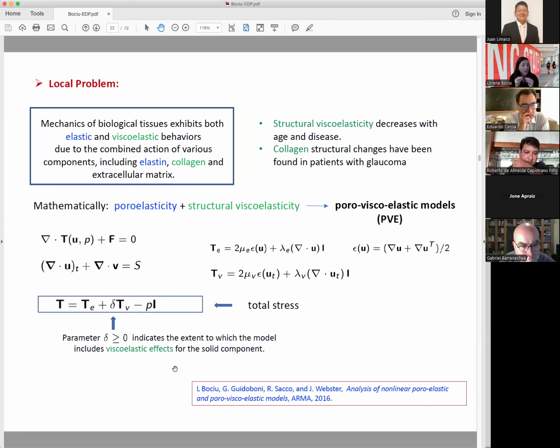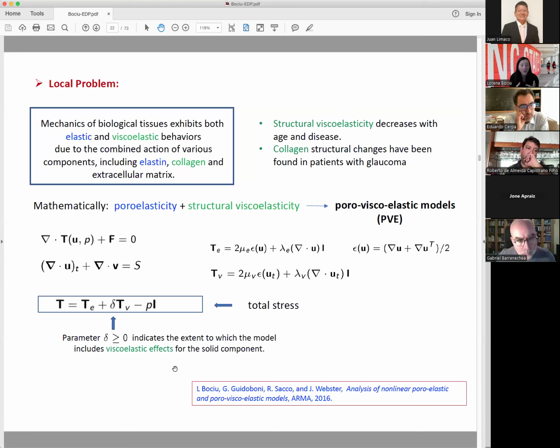lamina cribrosa, this tissue, which we can model using poroelasticity. We should also think about viscoelasticity, because mechanical tissues are both elastic and viscoelastic, right? Why? Because they contain elastin, but also collagen. Collagen accounts for viscoelasticity. And it is known that structural viscoelasticity decreases with age and disease.